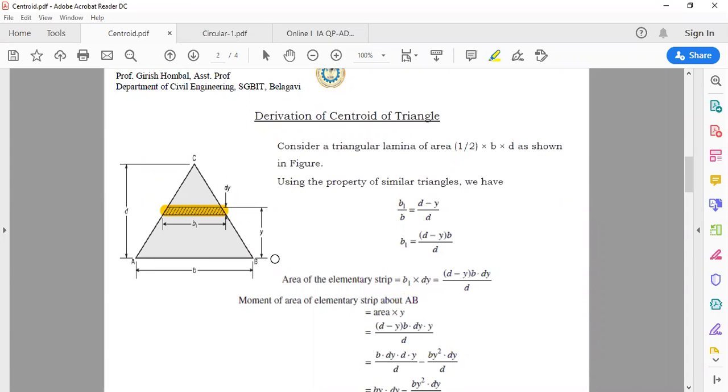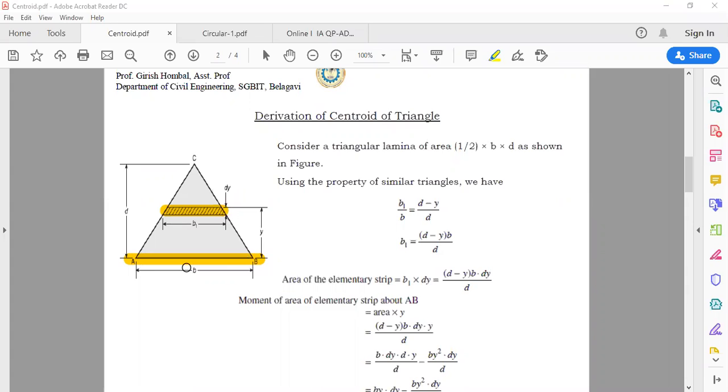So I'm going to calculate the centroid with respect to this reference axis AB. Now this strip is at a distance y from the reference axis. Now the total triangle's area is given by half into base into height, that is half into B into D.